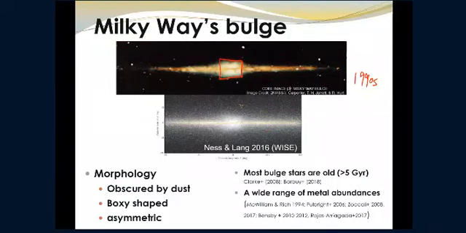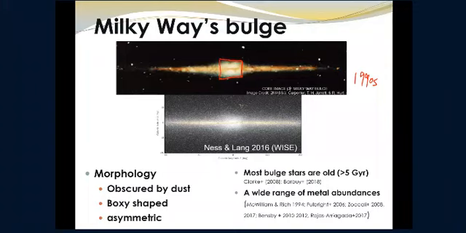On the left side you see that the bulge seems to be a little bit bigger than the other side, and we will explain that. This is due to the aspect effect of our line of sight to the bar major axis.